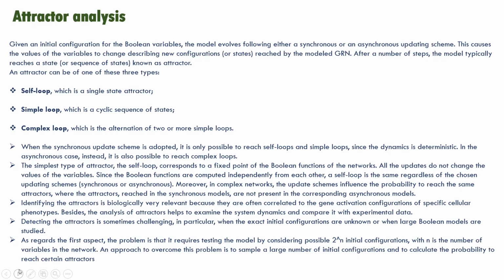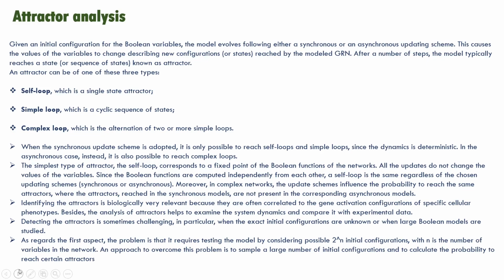The simplest type of attractor, the self loop, corresponds to a fixed point in a Boolean function of the networks. All the updates do not change the values of the variables. Since the Boolean functions are computed independently from each other, the self loop is the same irrespective of the chosen values of the variable, and irrespective of the chosen updating scheme, which is either synchronous or asynchronous.